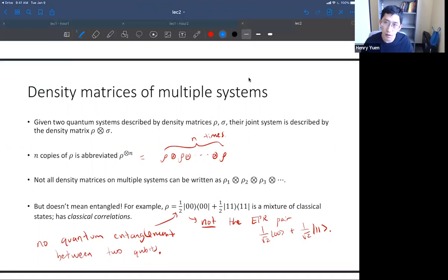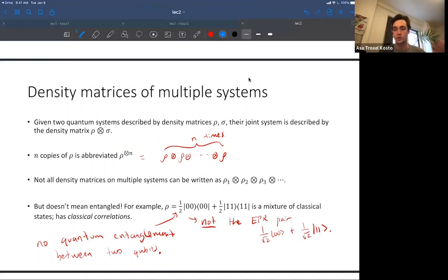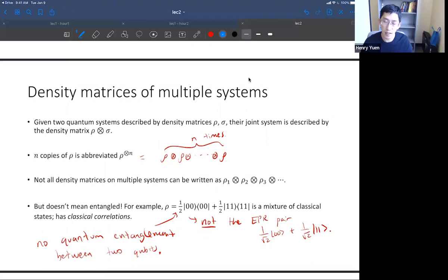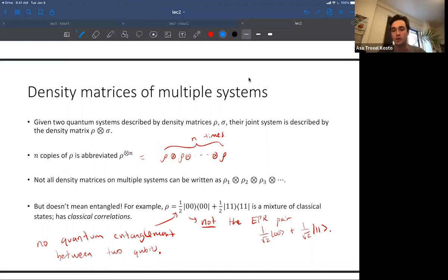Sorry, could you ask the question one more time? So does a state represented by a density matrix have to be not entangled, or does the density matrix just not give you any information about the entanglement? You're talking about in the context of this purification business? Yeah.